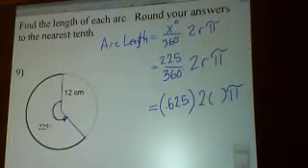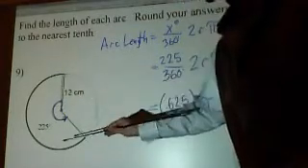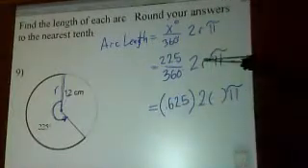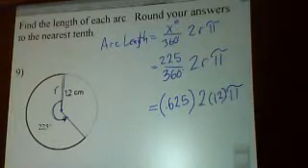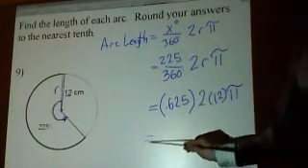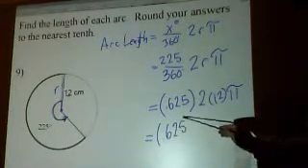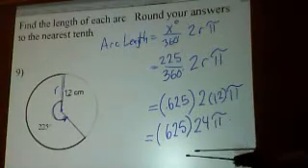So how much is our radius? Let's look for it. The center to the edge, that's the radius. The radius is 12. So for r, I'm going to put 12. Then 2 times 12 is 24. So I can see I got 0.625 times 24 pi.